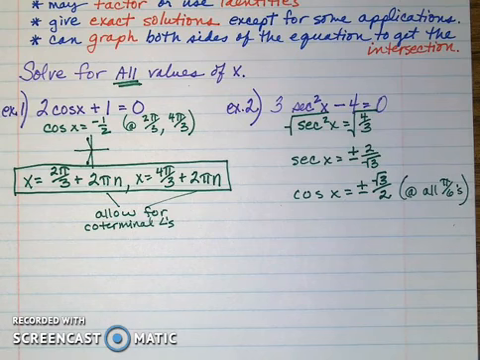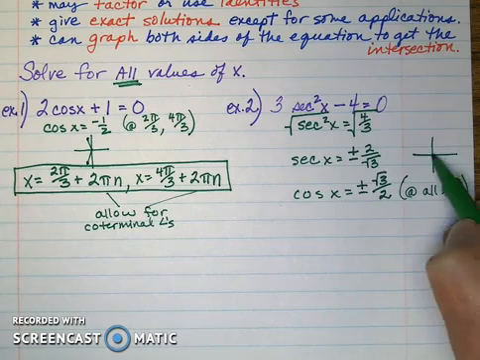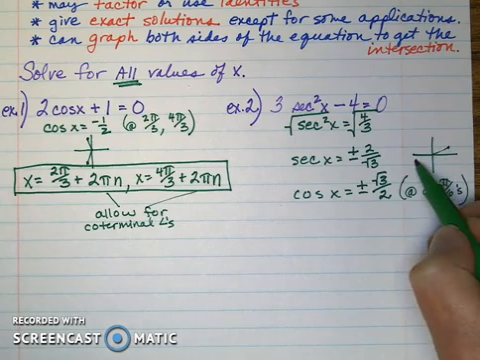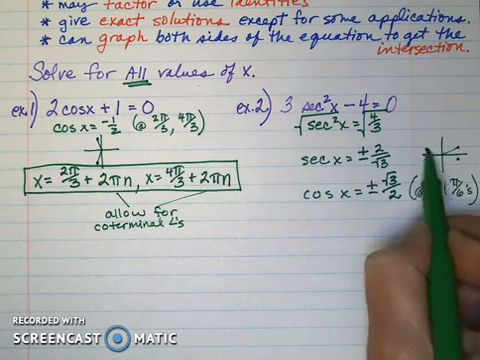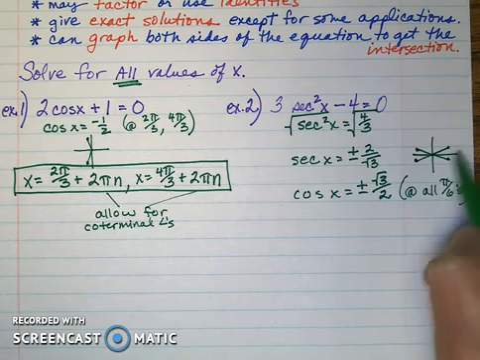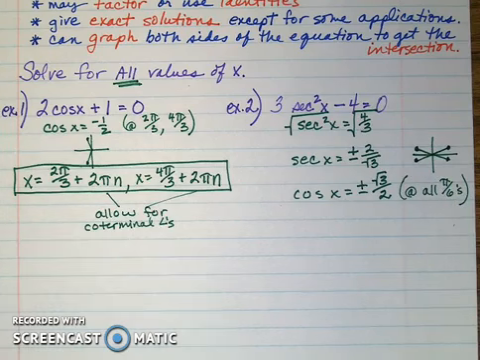Okay, if I were to sketch that out, that would happen here, and here, and here, and here. It happens everywhere on those pi over 6 values. But when we write the equations, we don't need to write all 4 of them on the unit circle and then say add multiples of 2 pi.